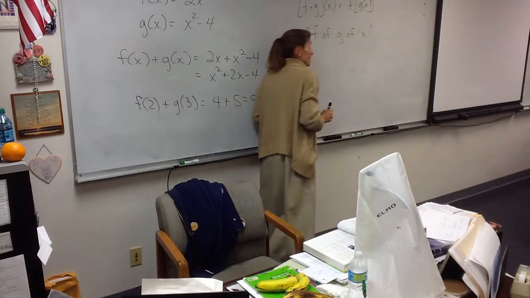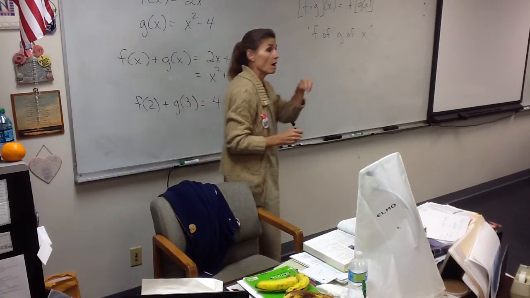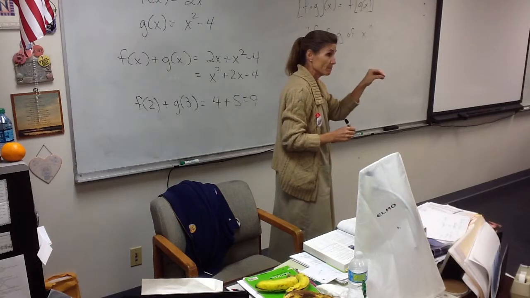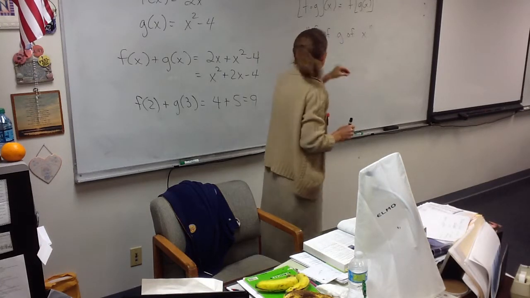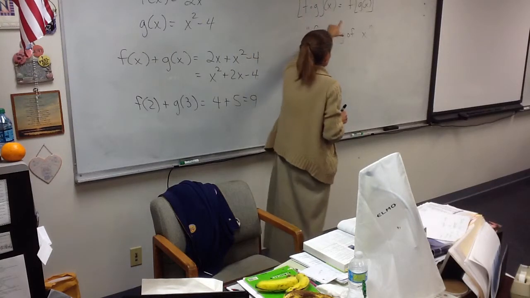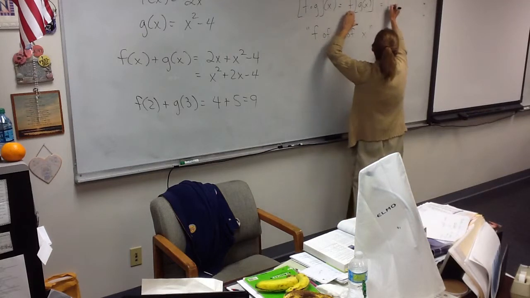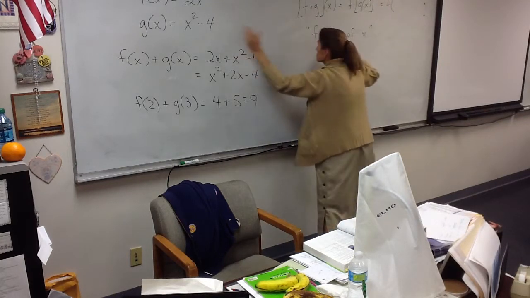So when we talk about finding the composition of functions, we mean plugging, like Maggie said, one into the other one. Okay? So if we were going to use my functions and find f of g of x, think about that for a minute. That would be f of x squared minus 4.